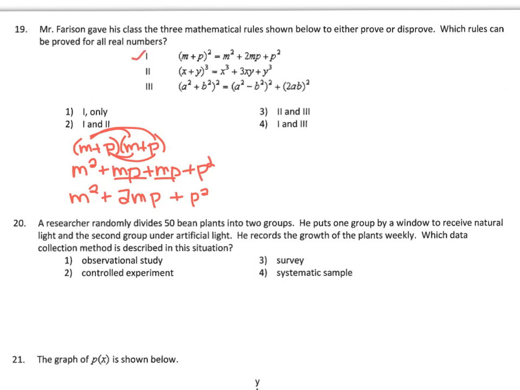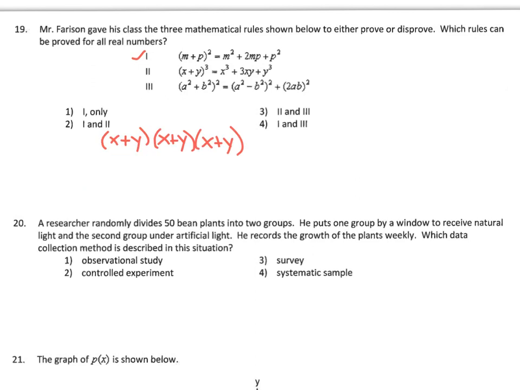Okay, now let's try the second one. Since the second one says (x plus y) cubed, it means we have three (x plus y) being multiplied together, so I wrote it out three times. I'm first going to double distribute these two. That leaves us with x squared plus xy plus another xy plus y squared.